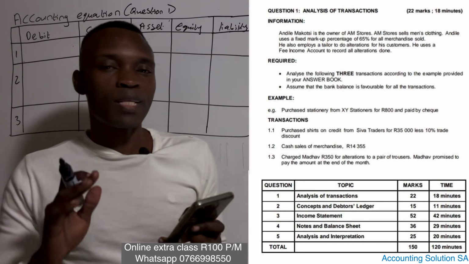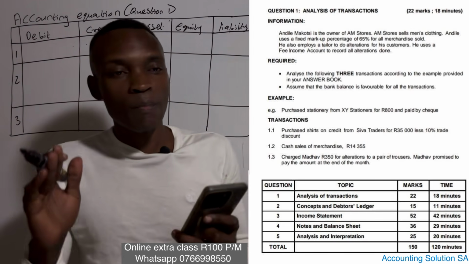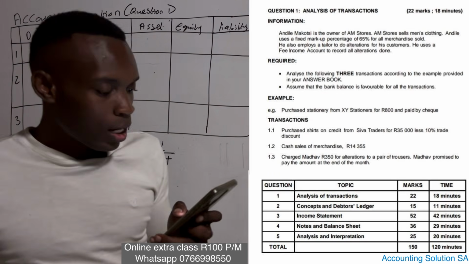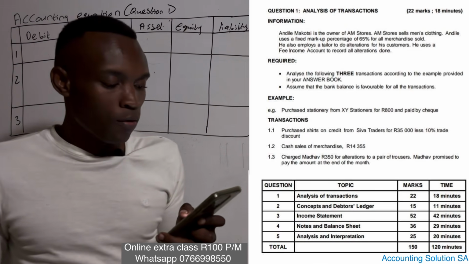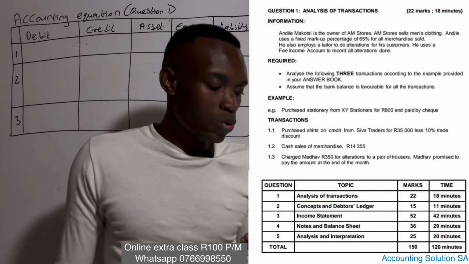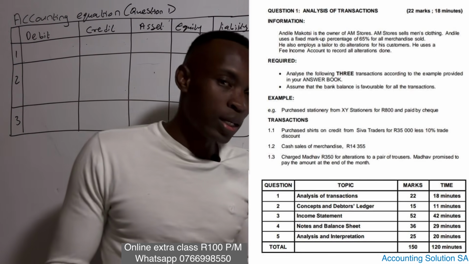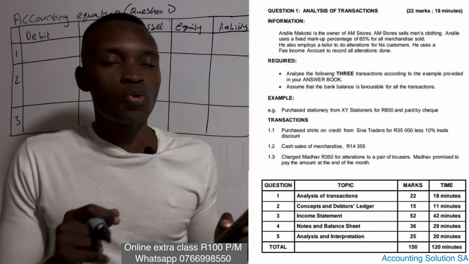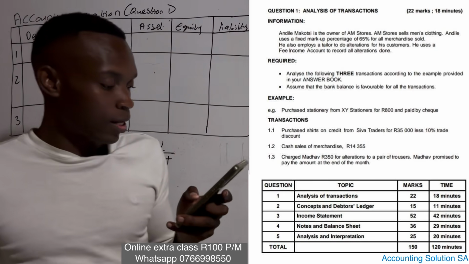There is a 65% markup that we need to use to calculate cost of sales every time we are given sales. Okay, he also employs a tailor to do alterations for his customers. He uses fee income. Anything that is related to alterations, guys, we have to record it under fee income, not sales. Which means that no markup must be applied here.